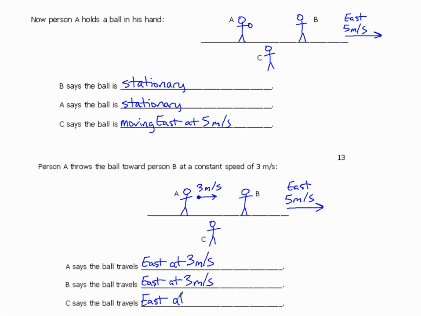It's moving east at 8 meters per second. These velocities are in the same direction, and we're adding them together. So this ball, according to person C, is moving at 8 meters per second.